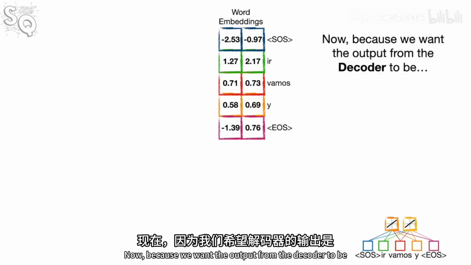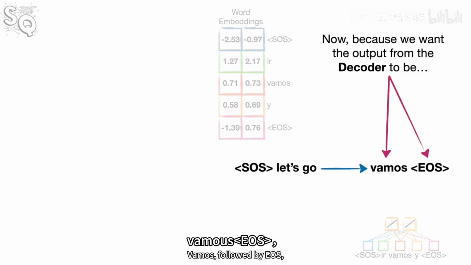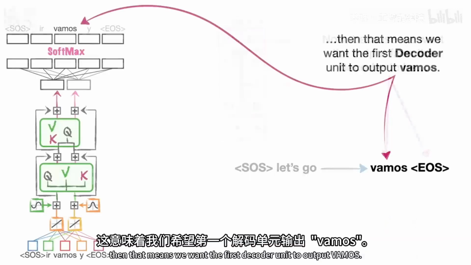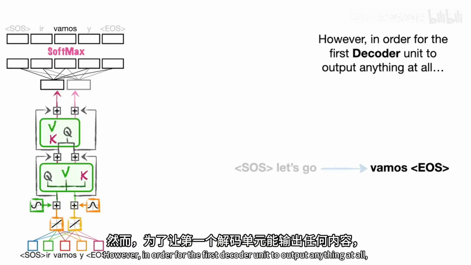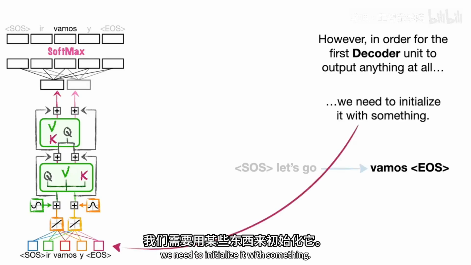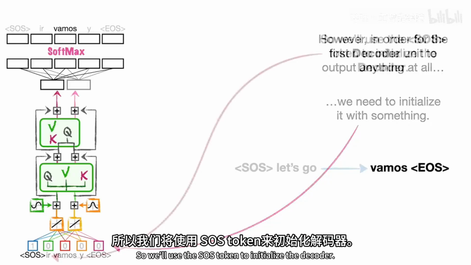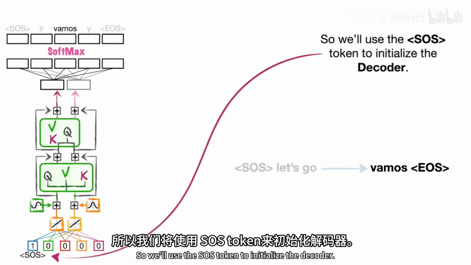Now, because we want the output from the decoder to be Vamos followed by EOS, that means we want the first decoder unit to output Vamos. However, in order for the first decoder unit to output anything at all, we need to initialize it with something. So we'll use the SOS token to initialize the decoder.